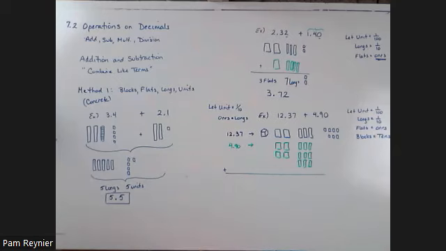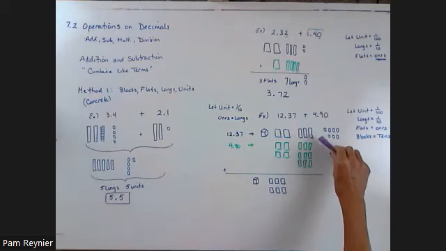this leaves us with 1 block, 1 2 3 4 5 6 longs, 6 flats, but now take a look, we have a whole lot of longs.